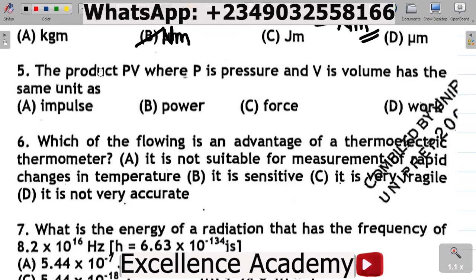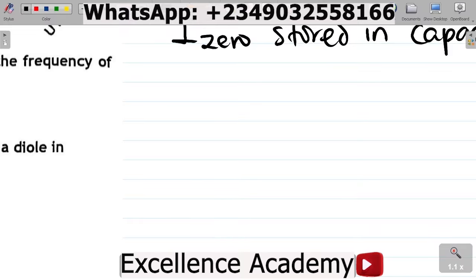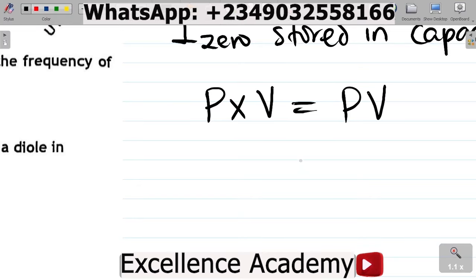Question number 5, the product PV, where P is pressure and V is volume, has the same unit as A, impulse, B, power, C, force, D, work. Let's look at the product PV. Now, P is simply pressure.